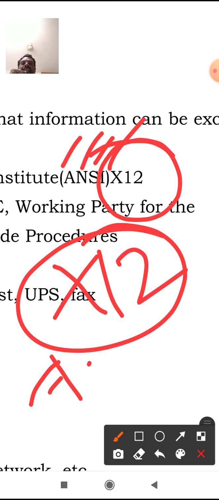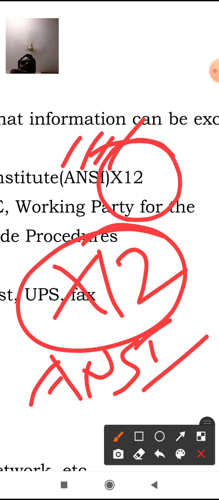The ANSI X12 standard is the mechanism to convert the information into this format, and that converted information will be sent from source to destination, and at the destination, with the help of ANSI X12 standards, it will be converted again into the original format.